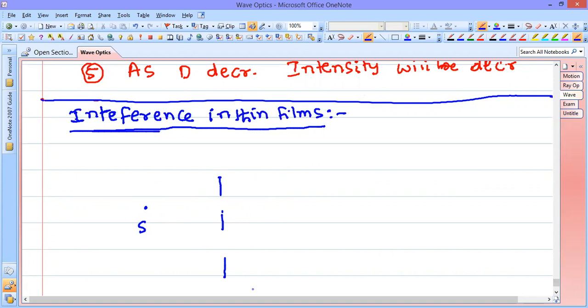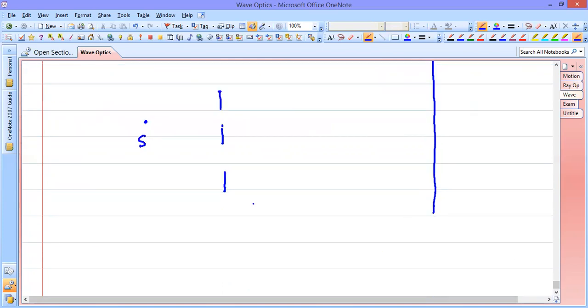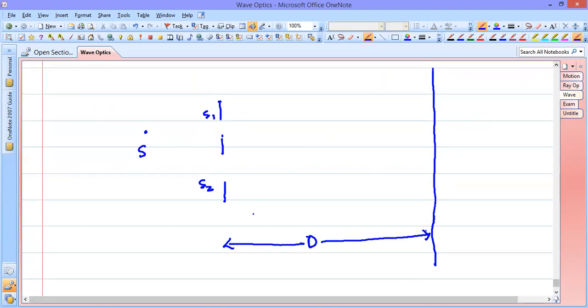Here, I am having a double slit, and here, I am having a screen, suppose. Likewise before, the distance between slit and screen is capital D, and the distance between the slits is small d.